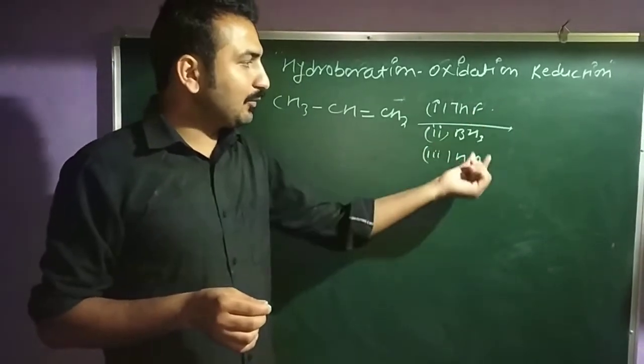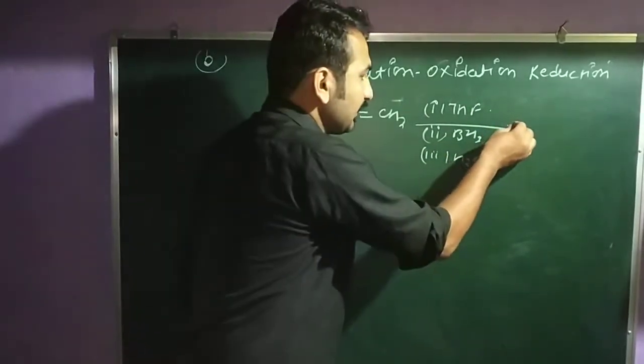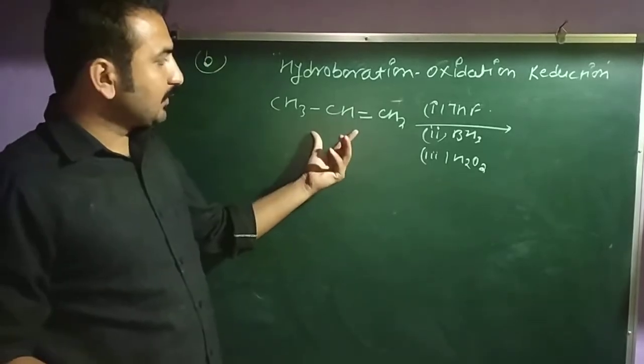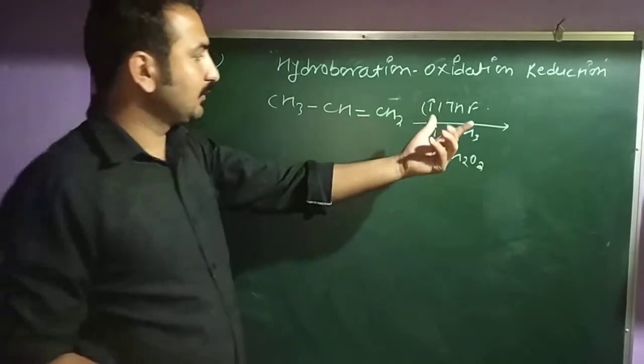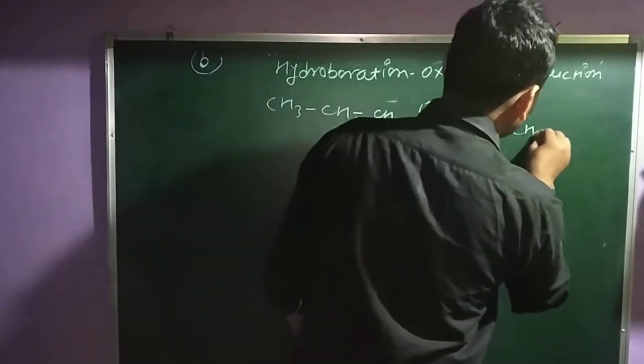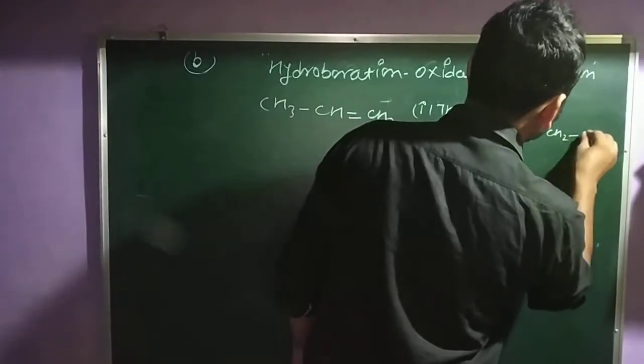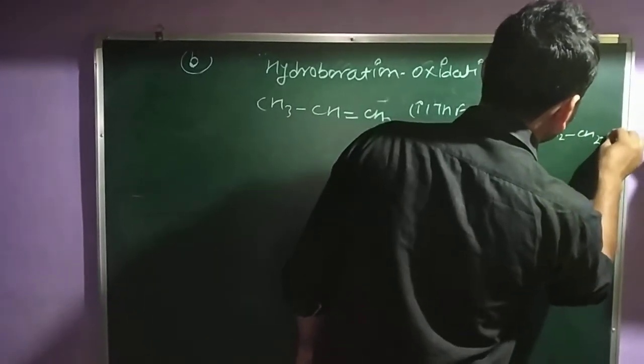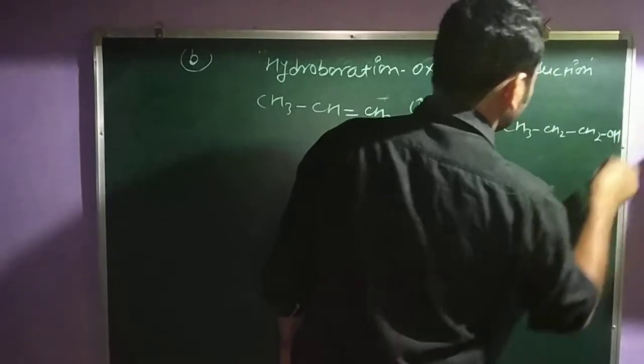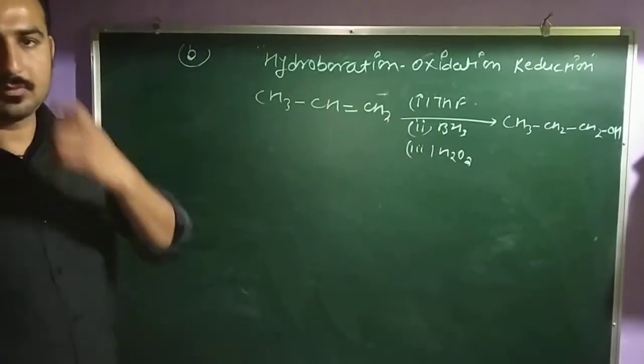That means in only one step, your product is directly converted to CH3CH2CH2OH. So this is your product.